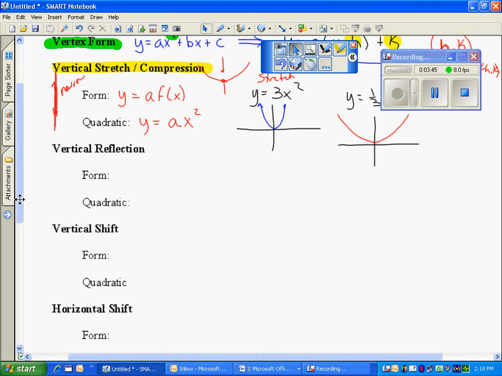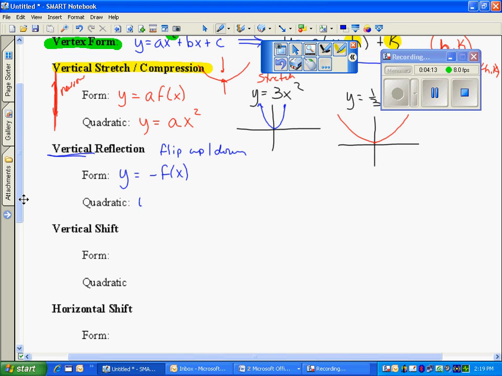So you want to look at where your values are associated and who they are with. A vertical reflection. Let's see, vertical again is up and down. So we're going to reflect, or flip, up or down. So it's vertical, it's got to have something to do with y, so it's going to be on the y. If you recall, f of x is just a y coordinate. So it says take all of f of x and make it negative, which would flip it down.